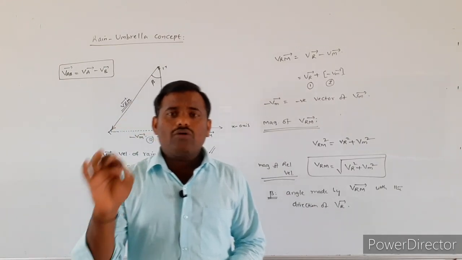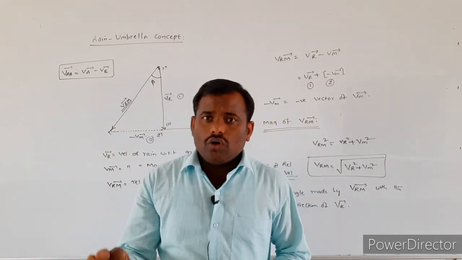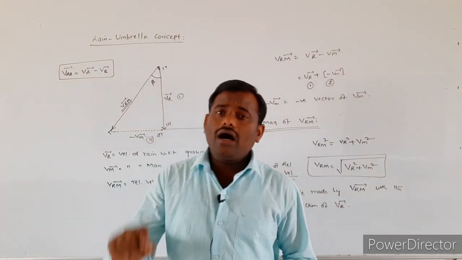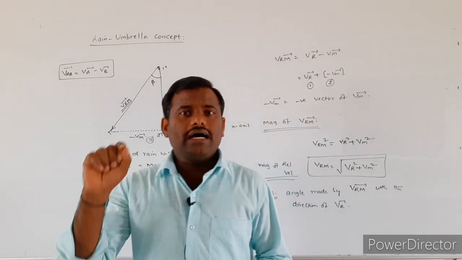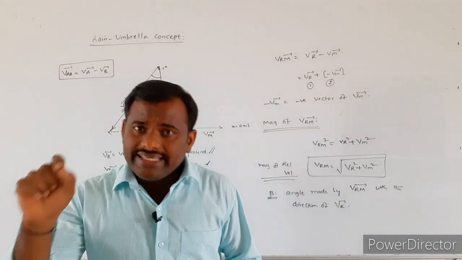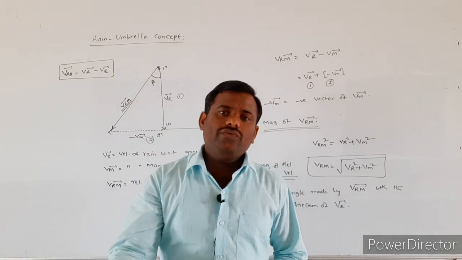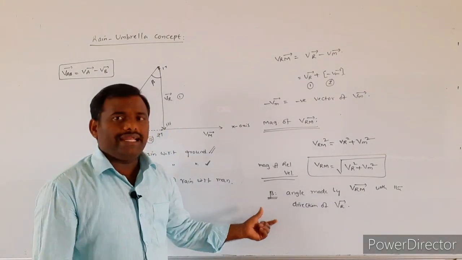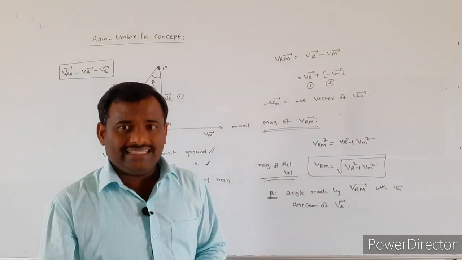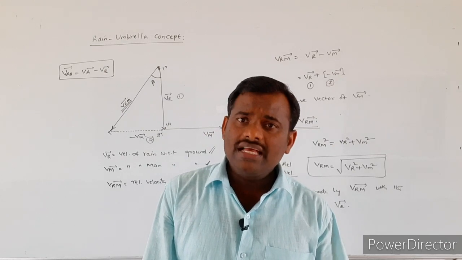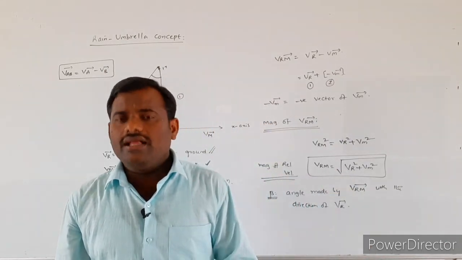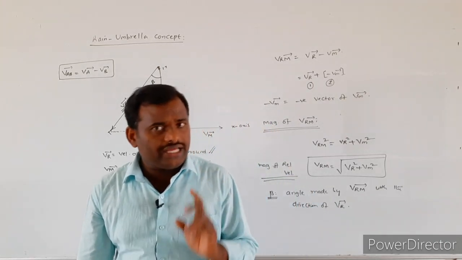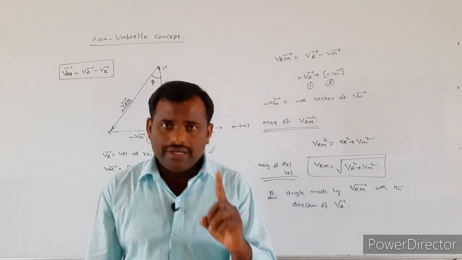For that we simply have to remember that the umbrella is always to be held in the direction of the relative velocity of the rain only. Once again, what is the use of the beta value? It says that in whichever direction the relative velocity of rain with respect to man is, in that direction only you must hold the umbrella.